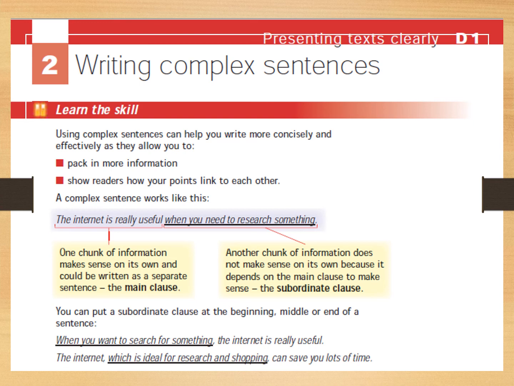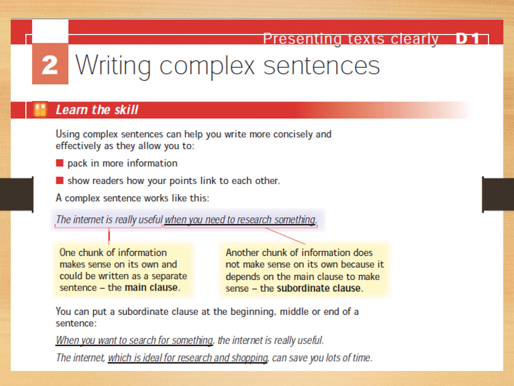So one chunk of information makes sense on its own and could be written as a separate sentence. That's the main clause. This is a subordinate clause because it cannot stand on its own. When you need to research something, you will have to say something more. So it doesn't make sense on its own. It needs the main clause to make sense.